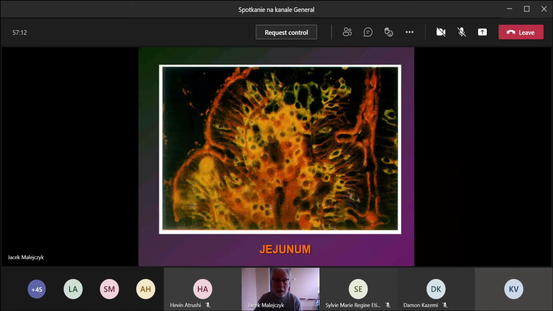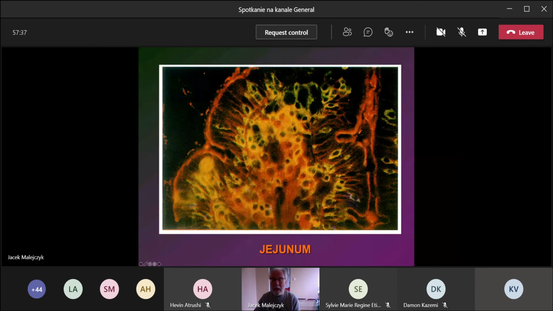So as you see, the mucous membrane is infiltrated by lymphoid cells which form organized structures. And what is interesting is that the cells of the immune system may go to the epithelial tissue, so they may be present among the epithelial cells.